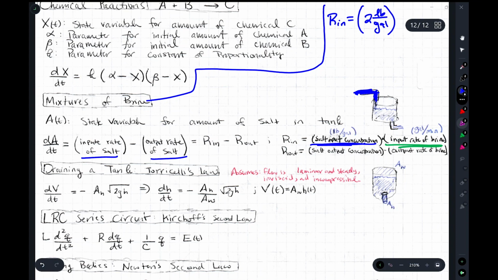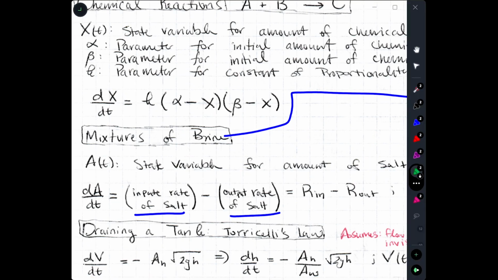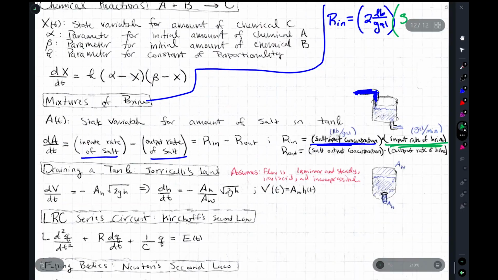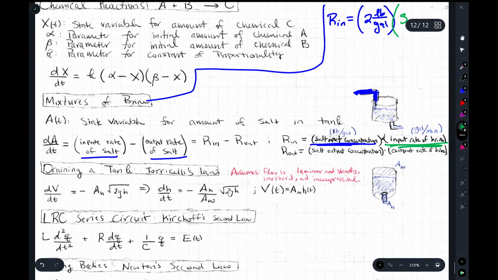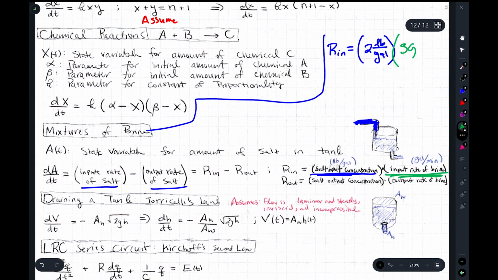And you want to know how fast it's flowing in, the input rate of the brine. Say it's flowing in at 3 gallons per minute.